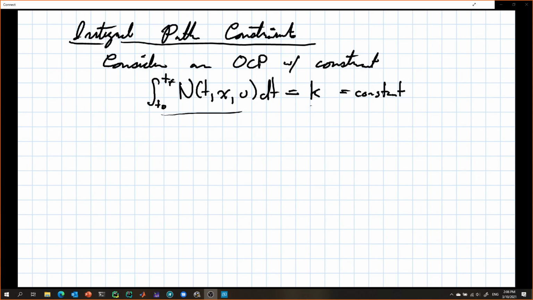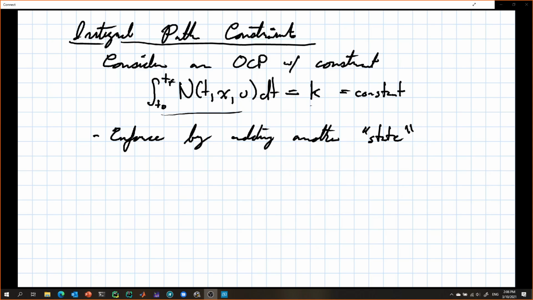And this is actually kind of straightforward. We enforce this by adding another state. Oh, I apologize for my cursive. I'll go back to not cursive, just because I assume it's easier to read.